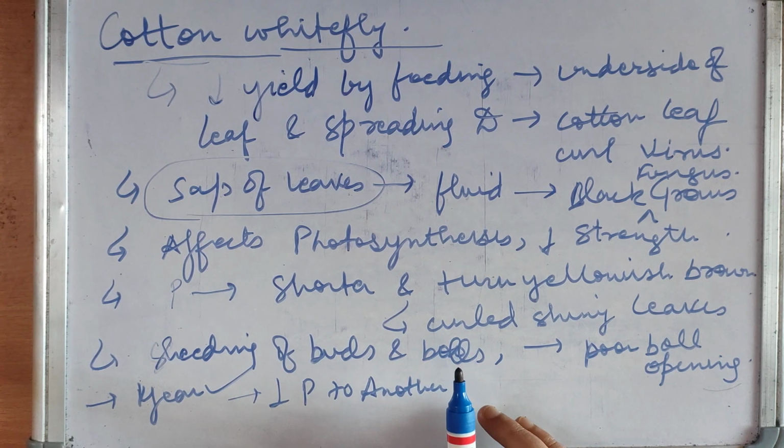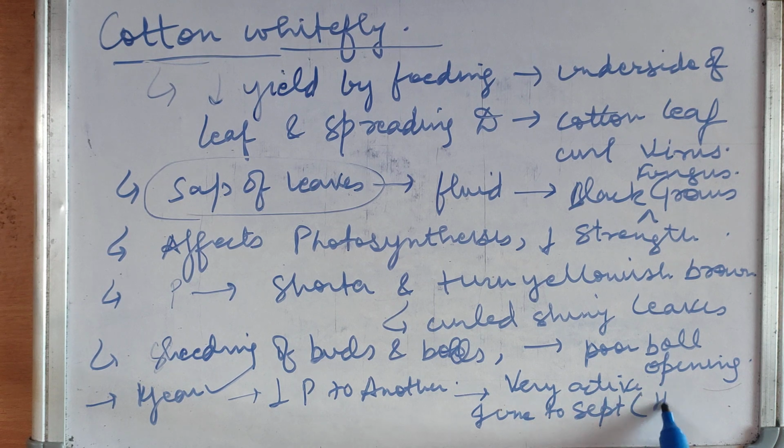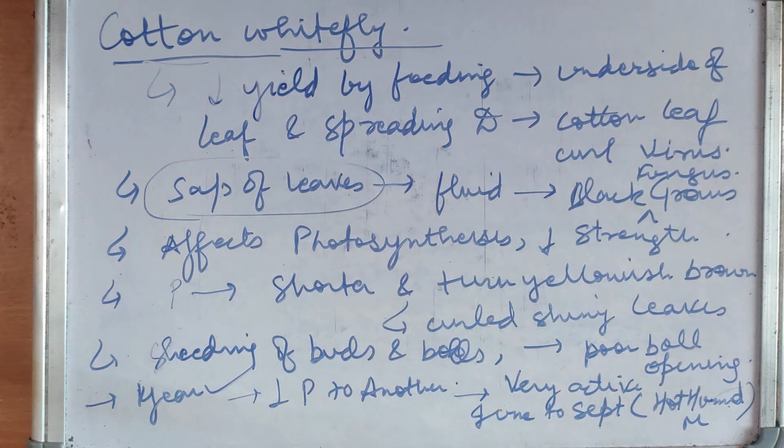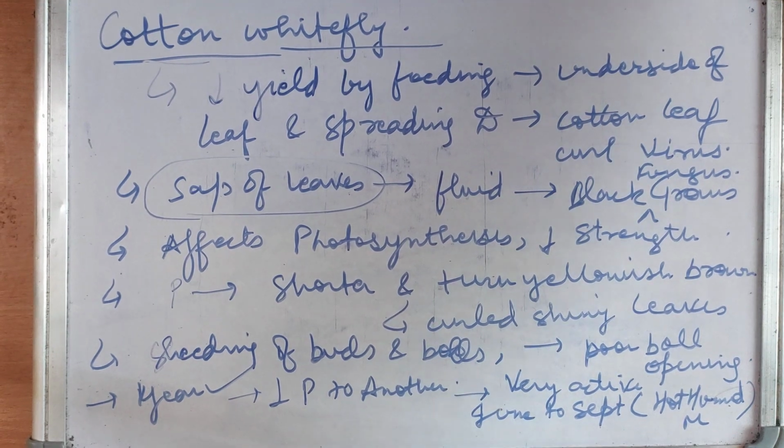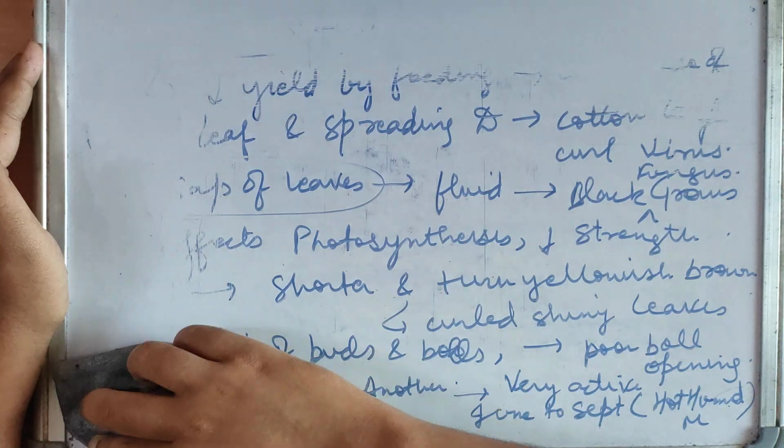They are very active in the hot humid months of June to September. So these are the major things about its symptoms and how it affects cotton whitefly. Now moving on, how can we manage this?